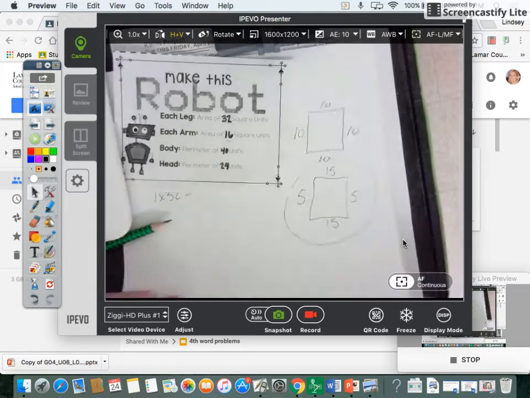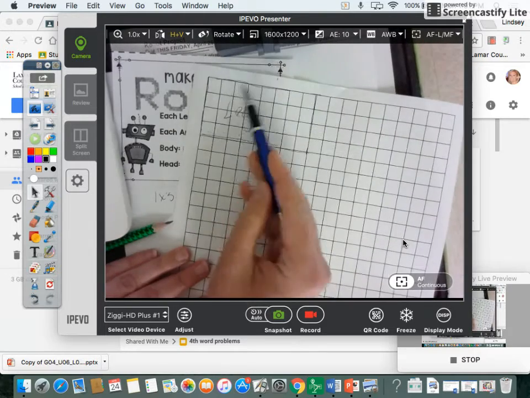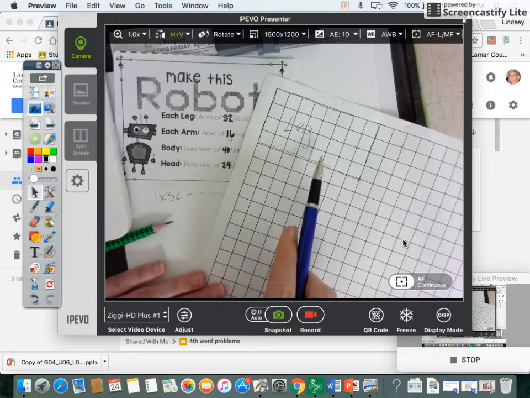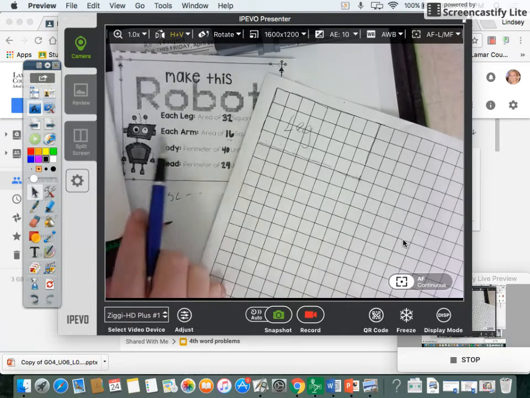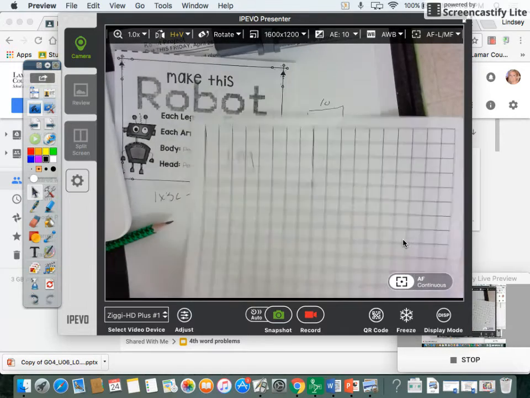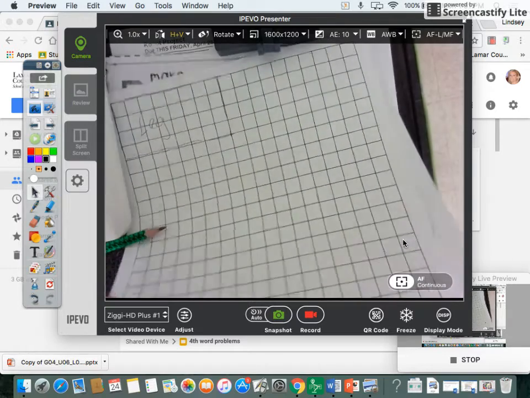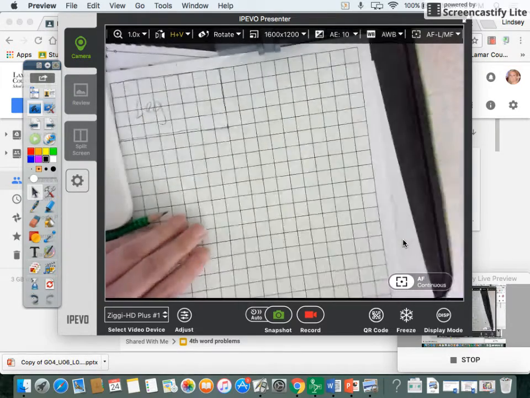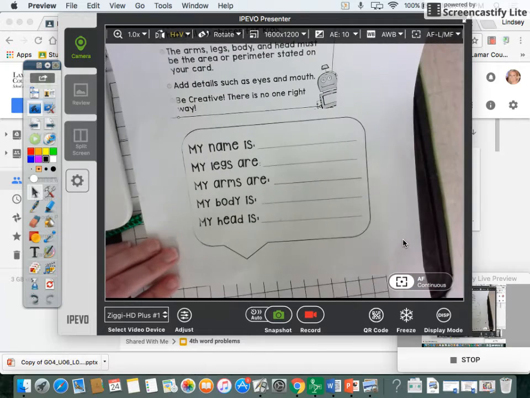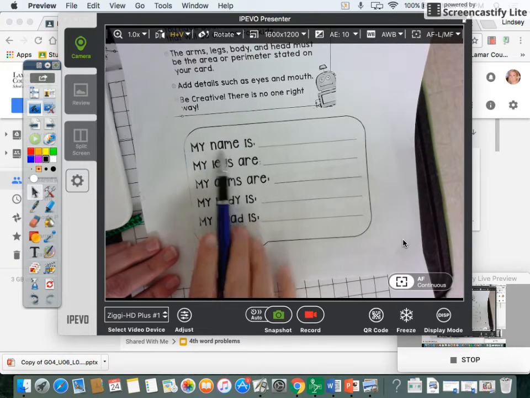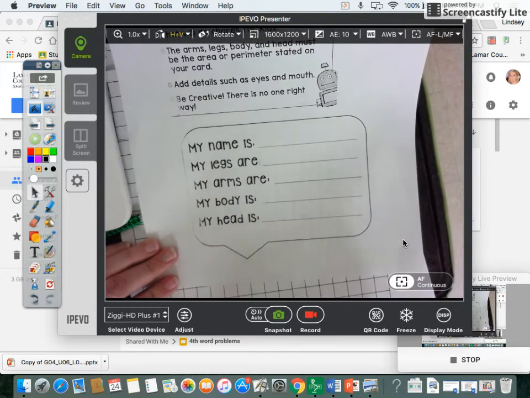And so when you get finished, you need to make sure that your area or your perimeter matches what your card says. Then once you've done that, you're going to cut those out. You're going to glue it on a piece of paper. And then you have this here where you're going to name your robot, whatever you want to name it.